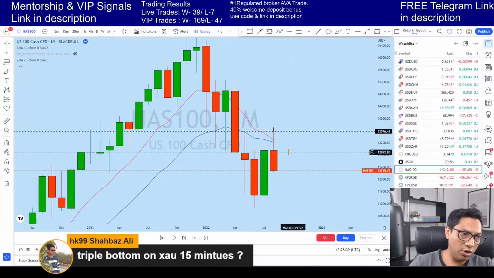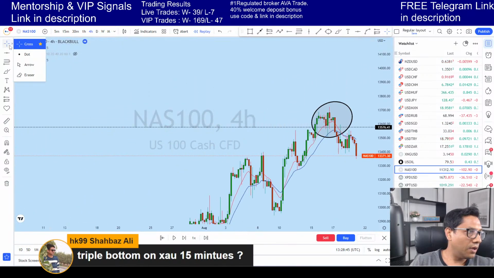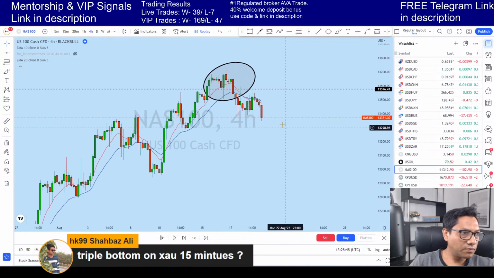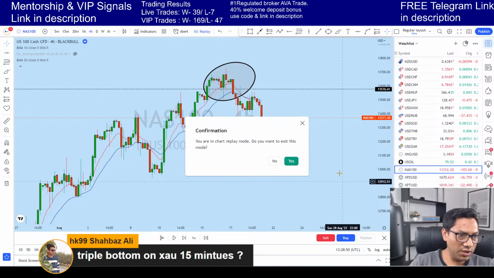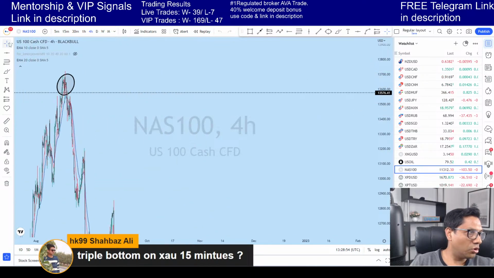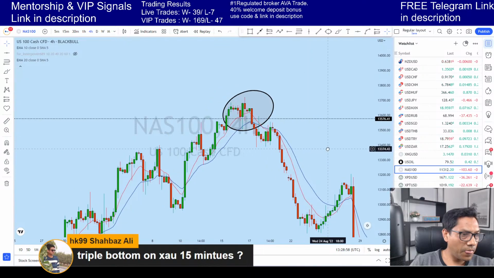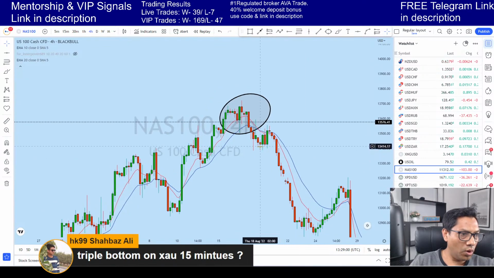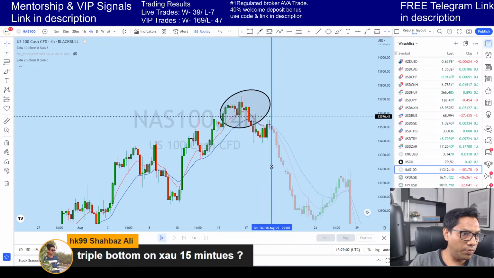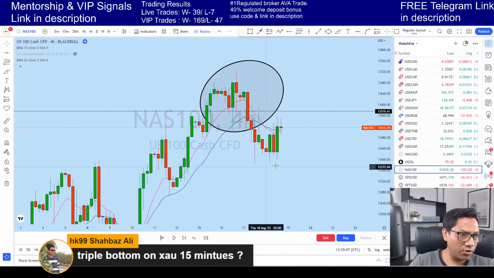A double top, a double bottom, you will find everywhere in the chart. Let me show you what I mean by this. We saw that there is head and shoulder, right? Now once this price has dropped, you can see a triple bottom here.